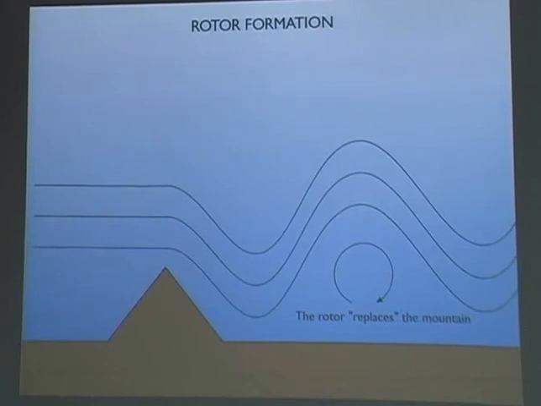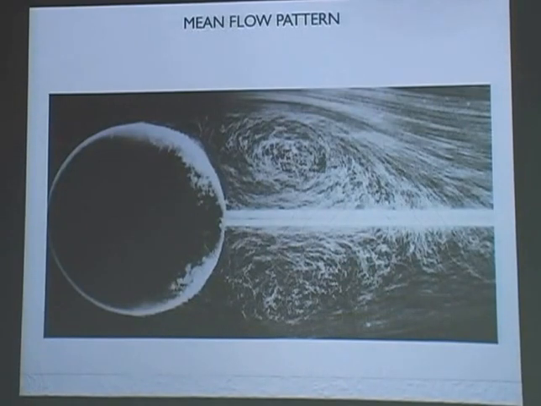The overall flow is a circular pattern like that, but it's not nearly as neat as that diagram would lead you to believe. This is a mean flow pattern. This is just the only good photo I could find of a mean flow pattern that had a vortex in it. So that's a rotor or vortex there behind this ball in the flow. And you can clearly see the circular pattern going there.